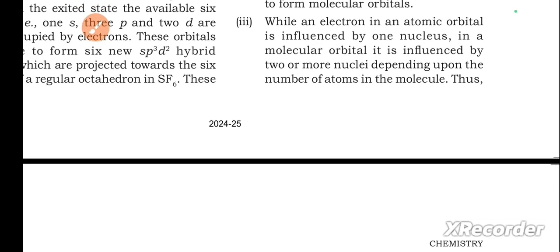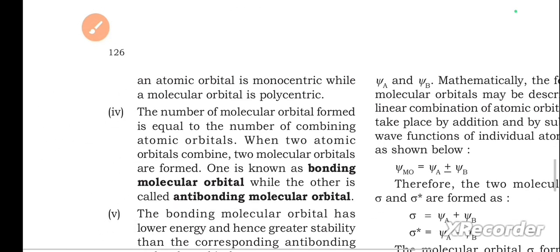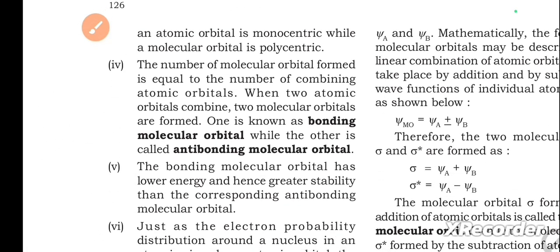Third, while an electron in an atomic orbital is influenced by one nucleus, in a molecular orbital it is influenced by two or more nuclei depending upon the number of atoms in the molecule. Thus, an atomic orbital is monocentric while a molecular orbital is polycentric. Next, the number of molecular orbitals formed is equal to the number of combining atomic orbitals.